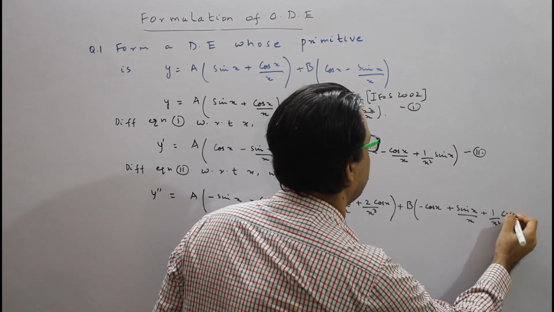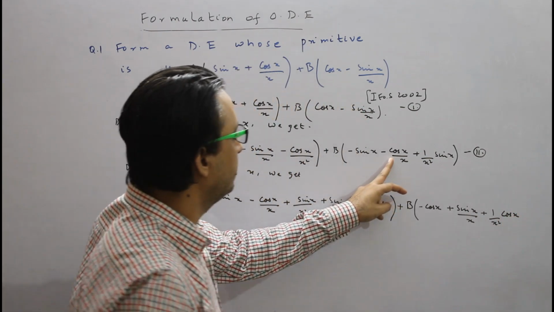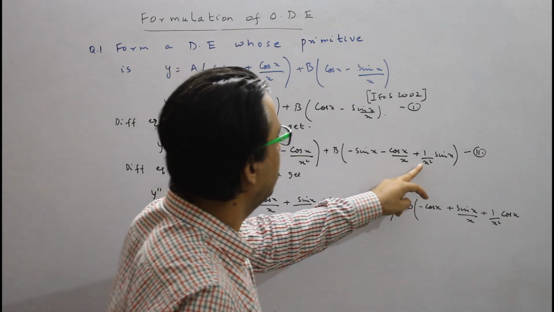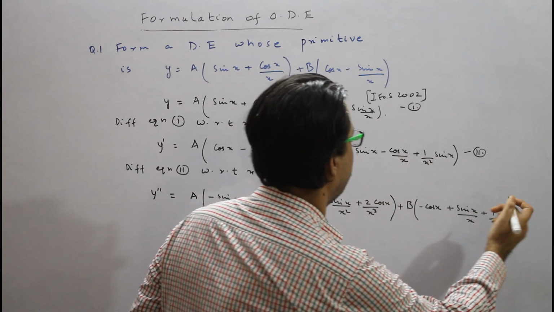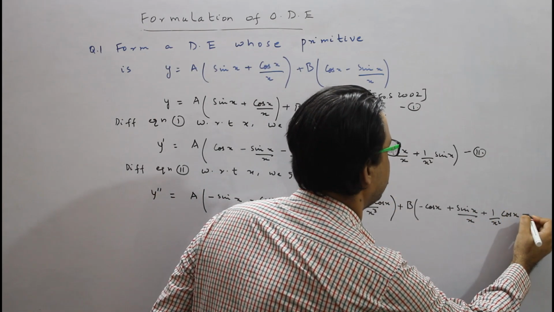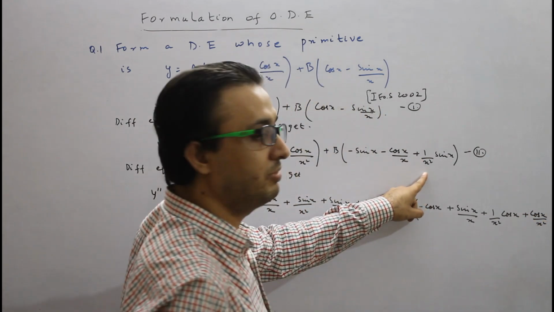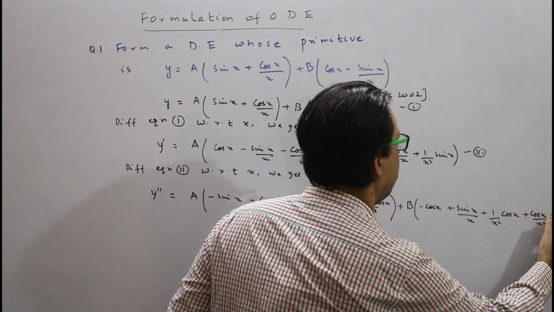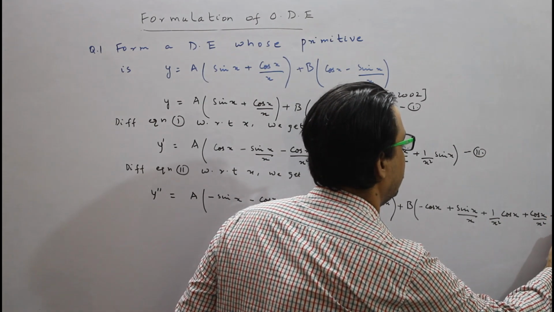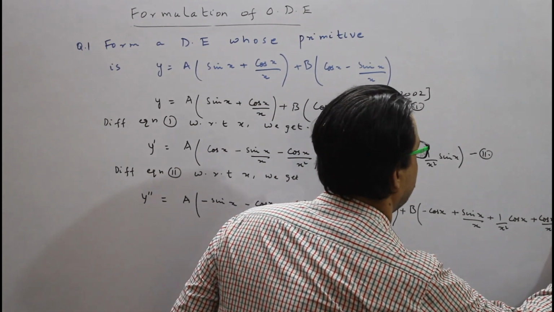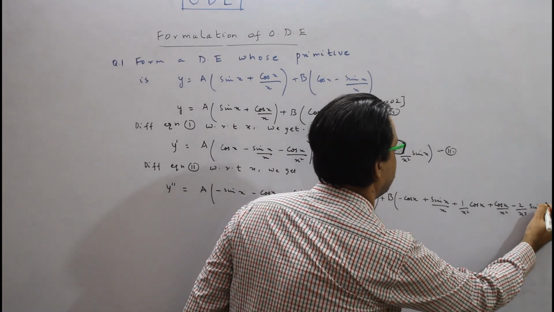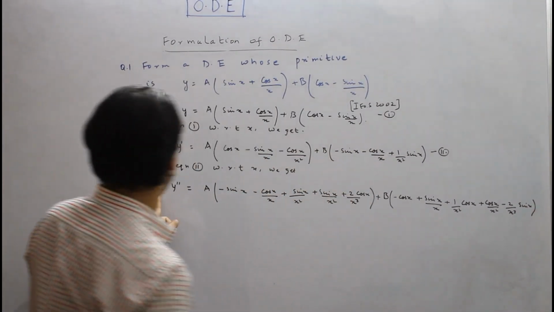So this is our cos x plus 1 by x square. And here finally we can write it as cos x by x square. We have kept 1 by x square as constant. So here minus 2 by x cube sin of x. So we have got this.